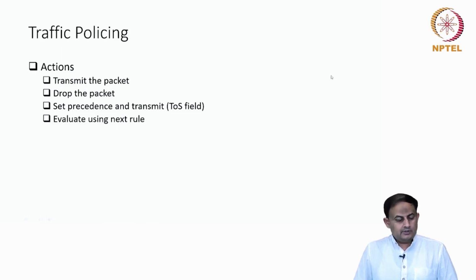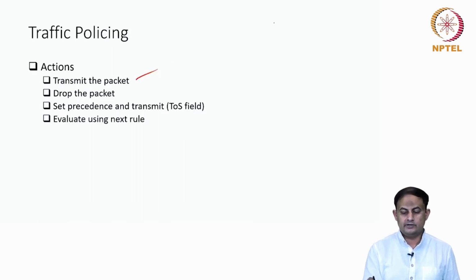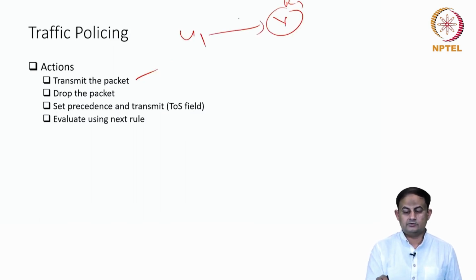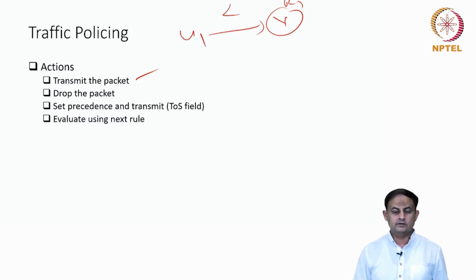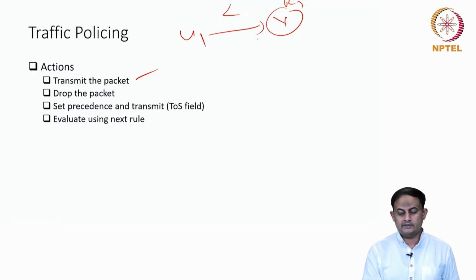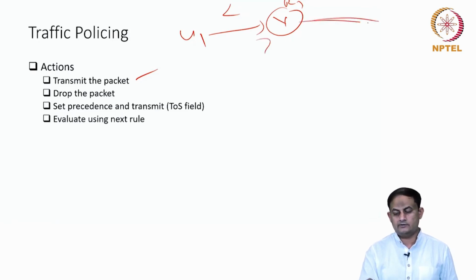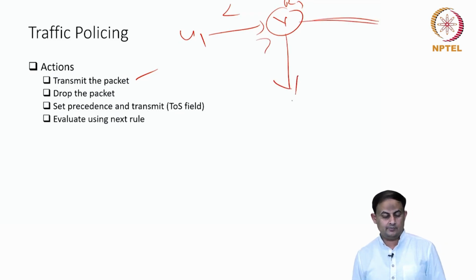The actions for policing are: you either decide to transmit the packet, when the arrival rate from the user is less than the agreed rate, or you decide to drop the packet when it is in excess and you do not have the capacity to accommodate the excess.